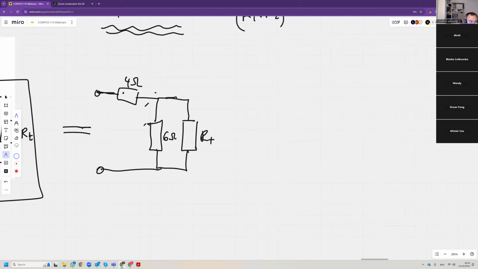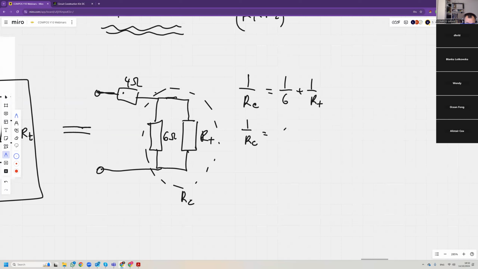For this pair, let's call it RC again, our combination. 1 over RC is 1 over 6 plus 1 over RT. 1 over RC is (RT plus 6) over 6RT, so RC is 6RT divided by RT plus 6.